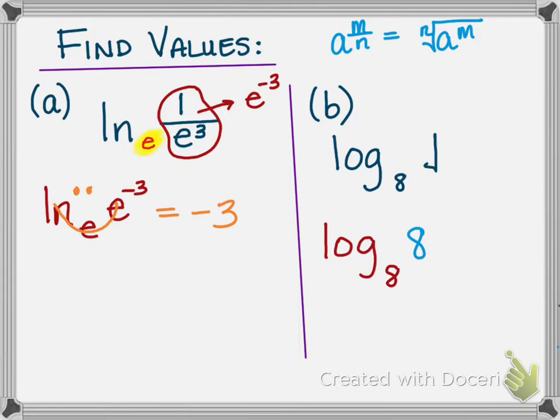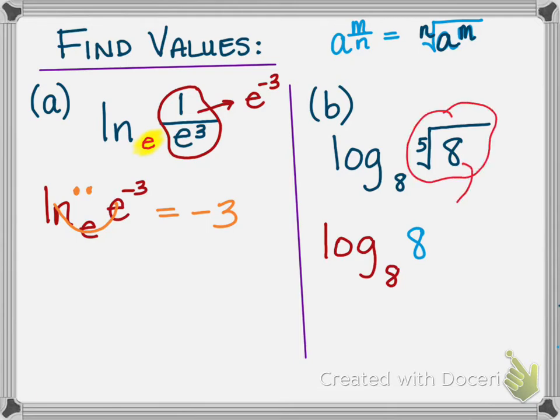The 5th root of 8. So let's follow here. I have my A value for my problem is an 8. I need to know what my M value is. Well, my M value for 8 here is an invisible 1. So I have to put a 1. And then what's my N value? Well, my N value is this number right here, and it's a 5. So how can I rewrite this entire thing?